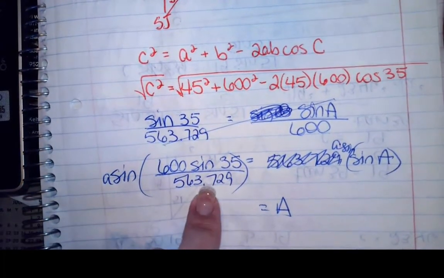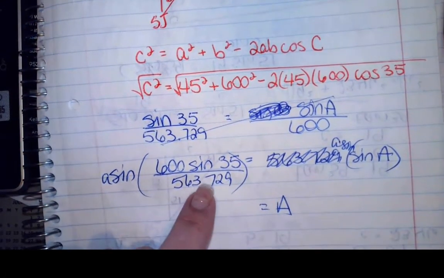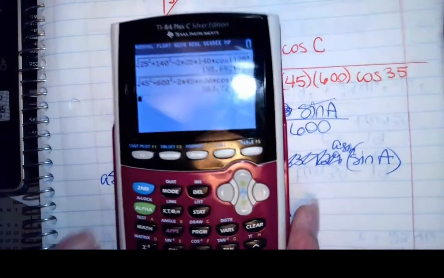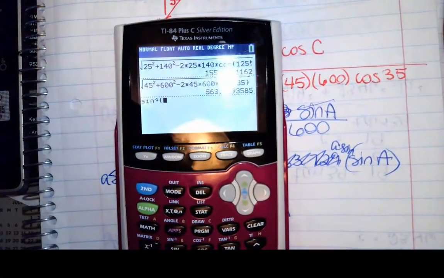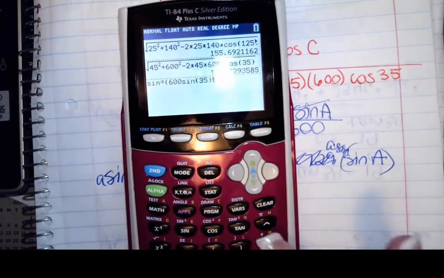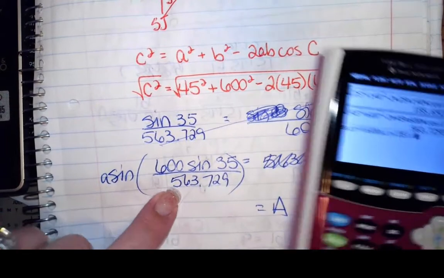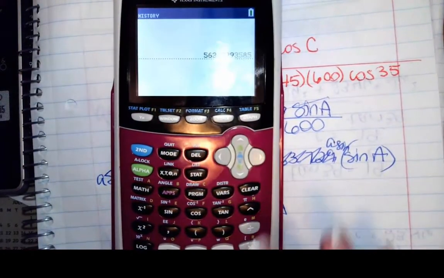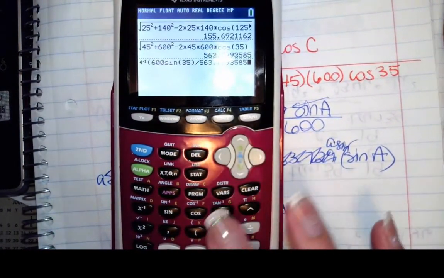Remember, we were supposed to use unrounded values, so I'm going to copy and paste this on my calculator. I have the arc sine of 600 times the sine of 35 divided by the unrounded value.